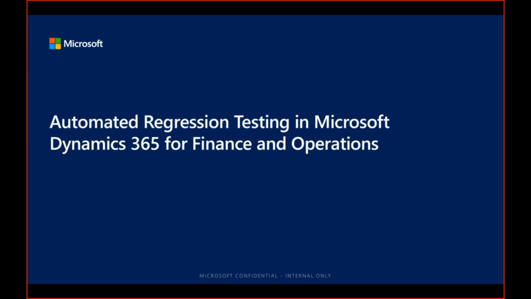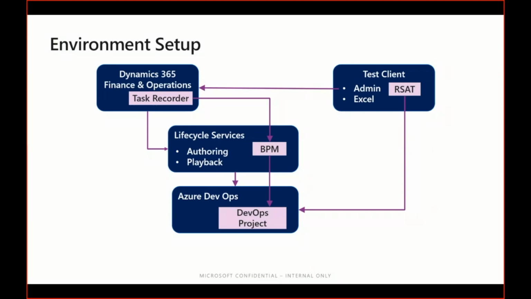Hey, welcome everybody in this second part of the Tech Talk regarding automated regression testing. In the first part, we have been talking a little bit about the environment setup. So we explained that we have Lifecycle Services being connected to our Azure DevOps, and we have a Dynamics Finance and Operations environment, which we're going to use for the task recording and saving our recordings to the BPM.